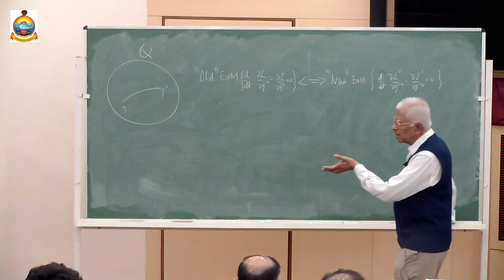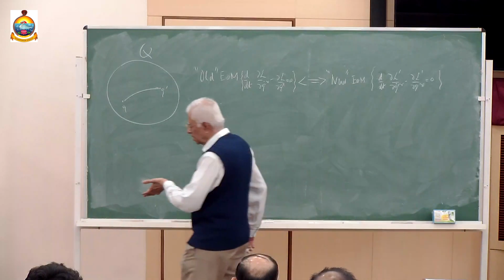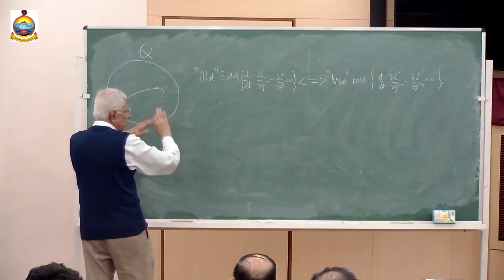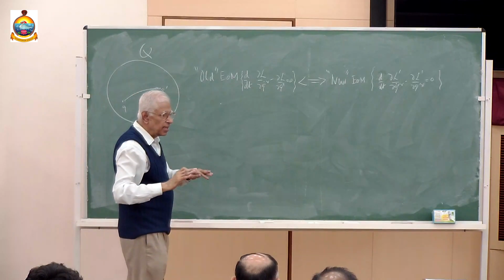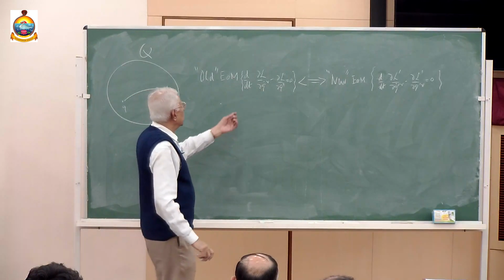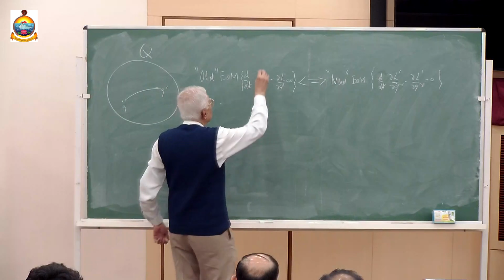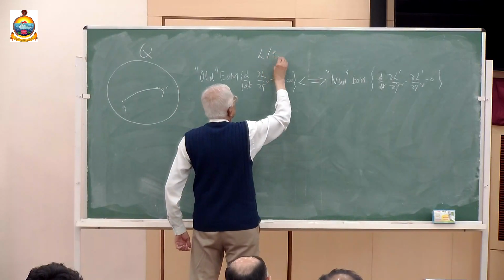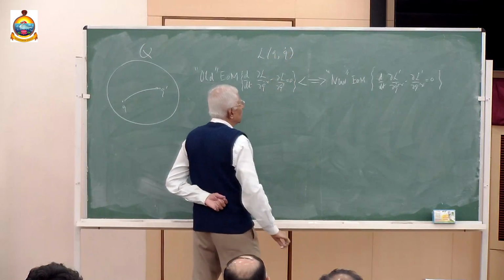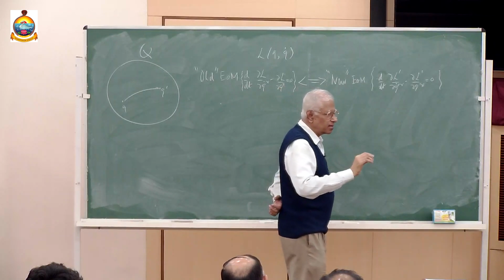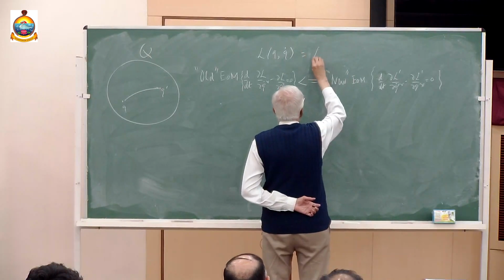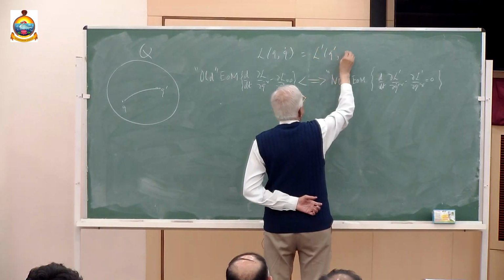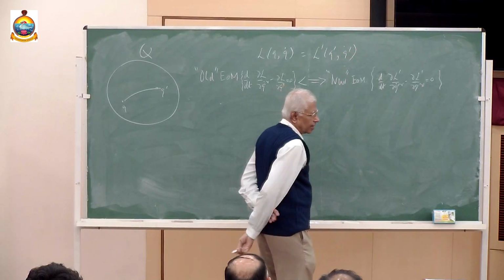You make any point transformation you want. Choose this mapping of configuration space onto itself in any way you like. Given a starting Lagrangian, which is a function of q and q dot, there is always a way to define a new Lagrangian, namely by what I am now writing.